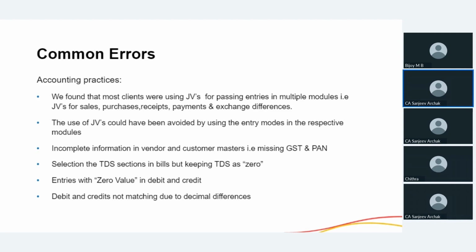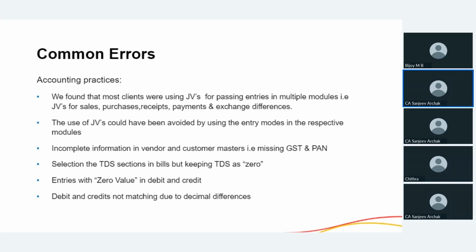You have different modules for entering both the customer receipts and vendor payments within Zoho Books. So this was a challenge that we had to get over. Of course, Zoho's support team and the partner relations team were of tremendous assistance during this process. So we had to work with both the client as well as Zoho's team to get over this.